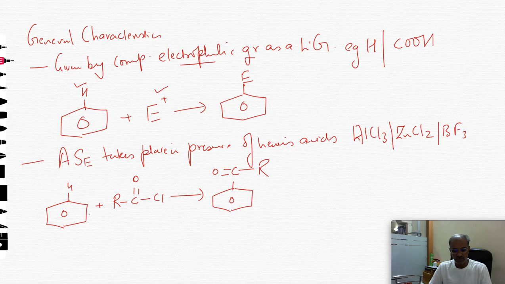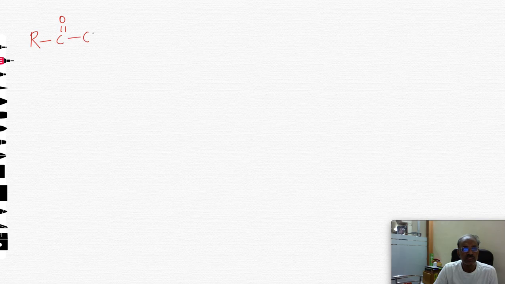Now I'll show you the mechanism of this particular reaction. First we have RC double bond O Cl. This gets converted first to the electrophile, R-C double bond O plus. Then comes our benzene.